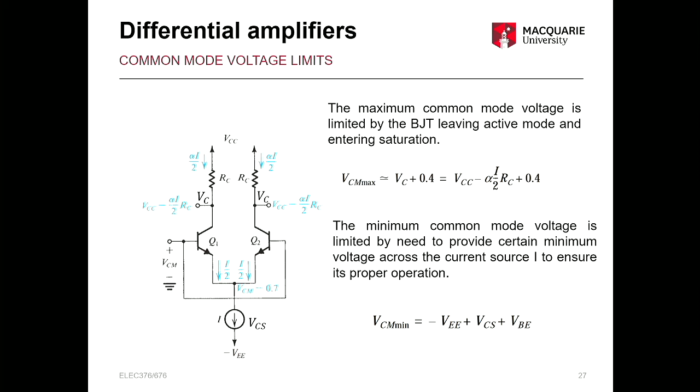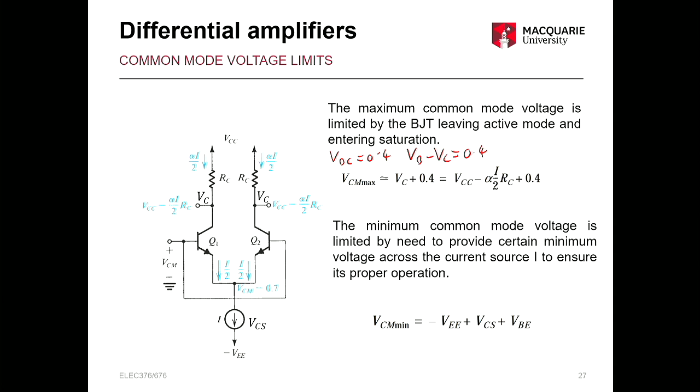So that's quite simple. We know that as we're entering the saturation region, VBC is equal to 0.4, so that's VB minus VC equals 0.4. In this case, our VB is our VCM.